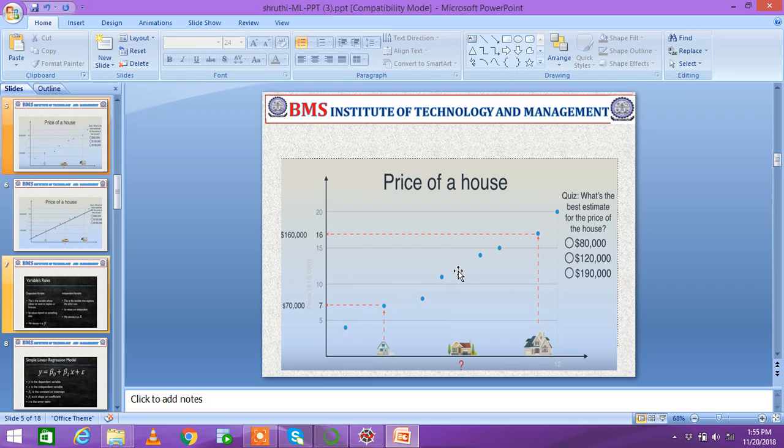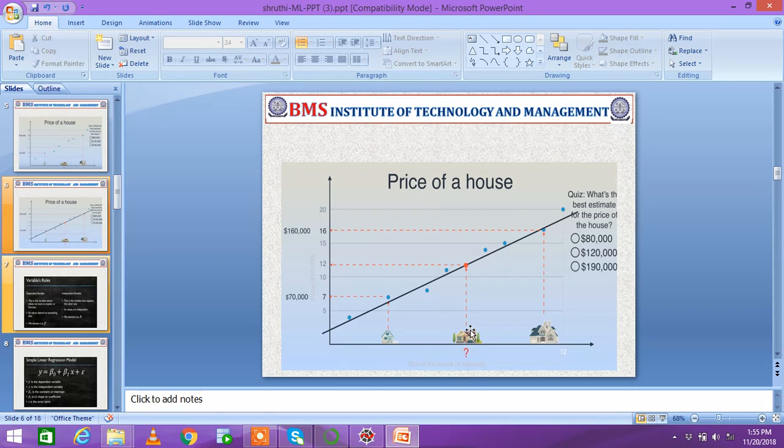So what we can do is, if we draw a slope, then we can easily predict exactly what the price could be for the medium size of a house. This slope calculation can be done with the help of linear regression.